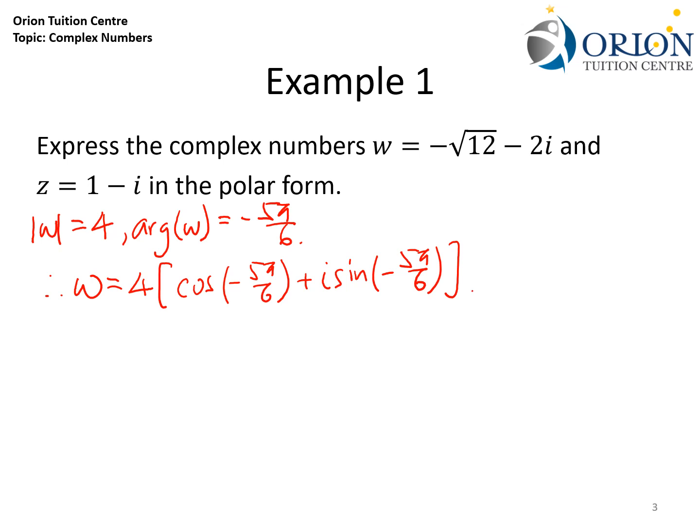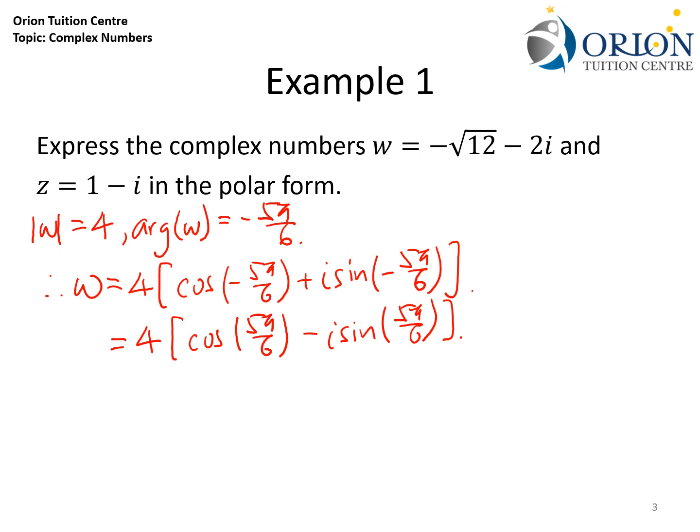Also, we can make use of trigo properties to change this slightly into 4 cosine 5 pi over 6 minus i sine 5 pi over 6. Both of these forms are acceptable forms for the polar form when theta is a negative value.